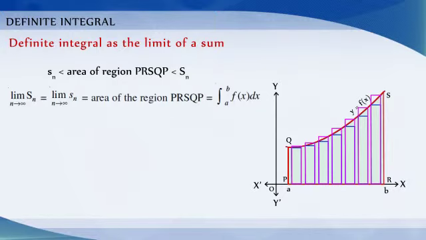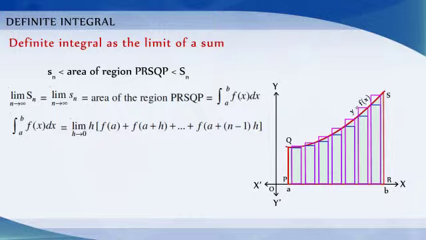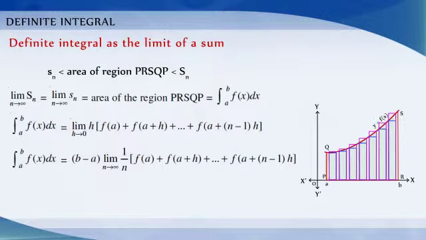Thus, we write integration of a to b f of x dx is equal to limit h tends to 0, h into f of a plus f of a plus h plus f of a plus 2h plus etc. f of a plus n minus 1 into h, or integration of a to b f of x dx is equal to b minus a into limit n tends to infinity 1 by n of f of a plus f of a plus h plus f of a plus 2h plus etc. f of a plus n minus 1 into h, where h is equal to b minus a by n approaches 0 as n tends to infinity.